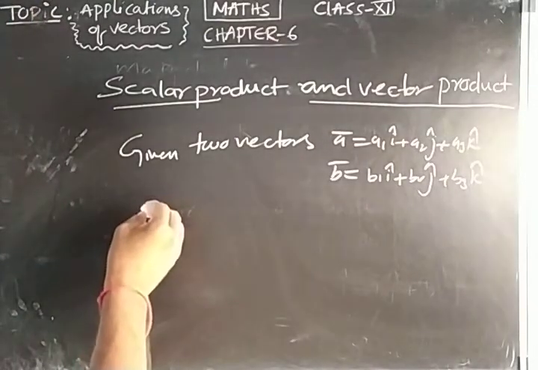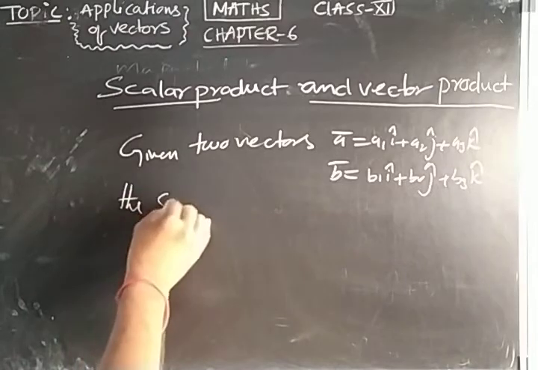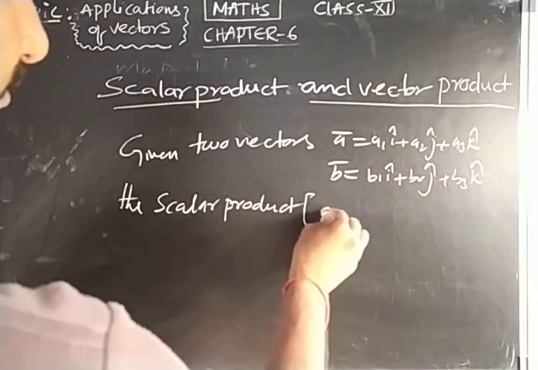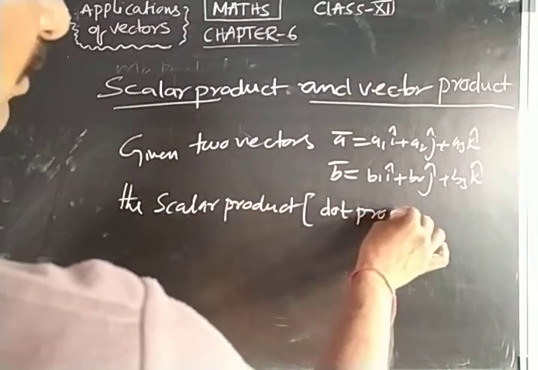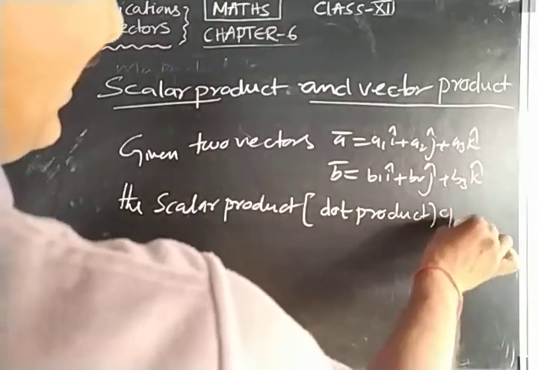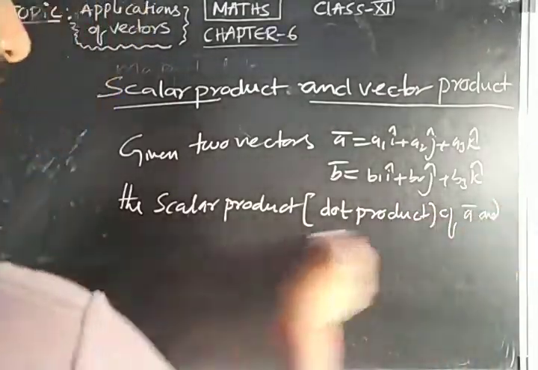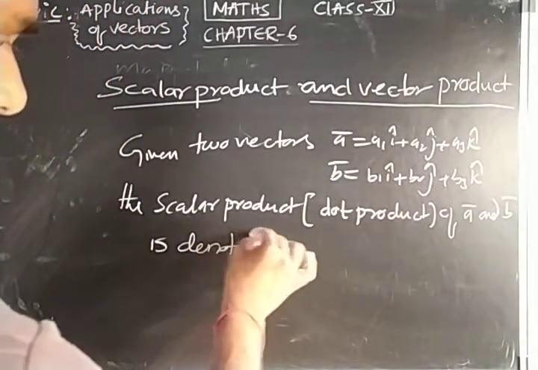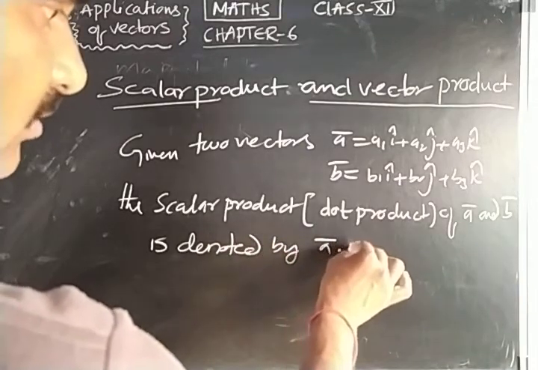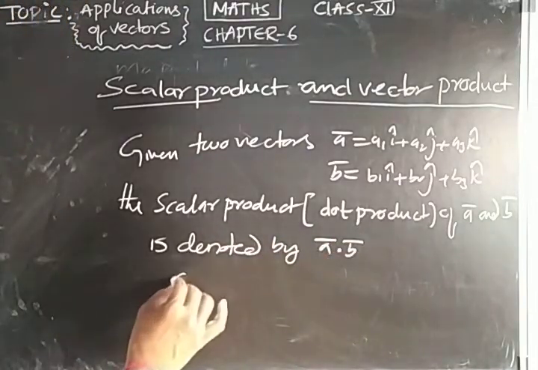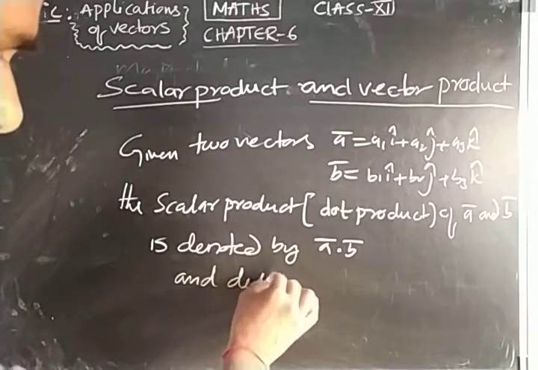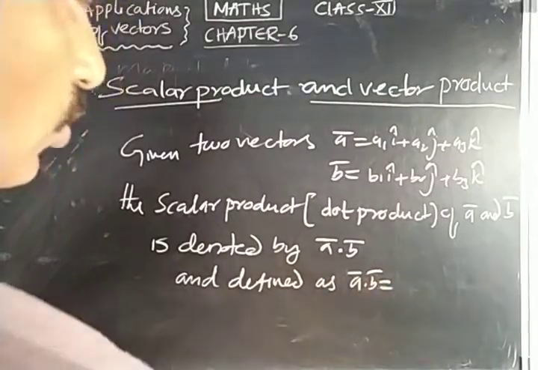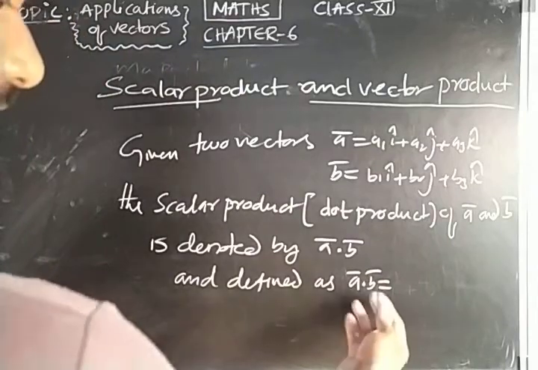The scalar product, also known as dot product, of a bar and b bar is denoted by a bar dot b bar and defined as: how to get the dot product of two vectors?